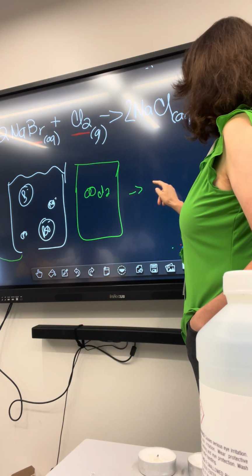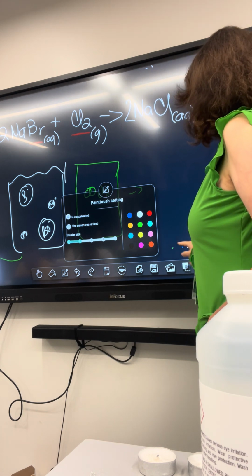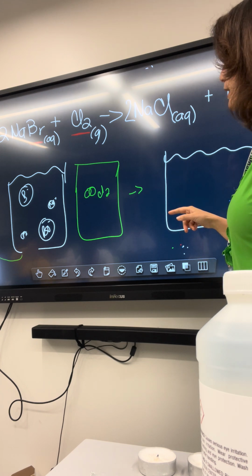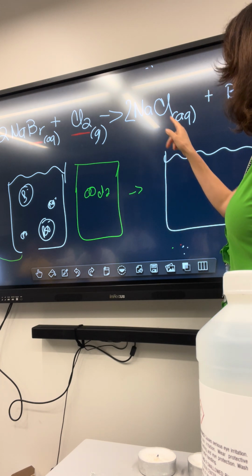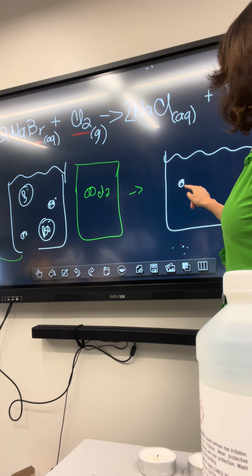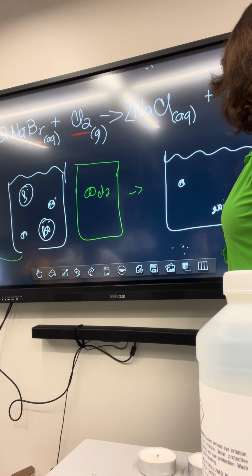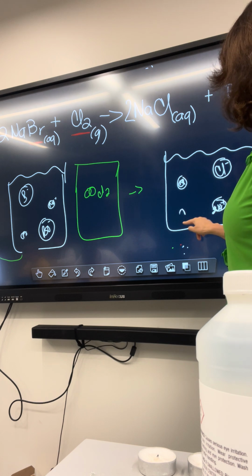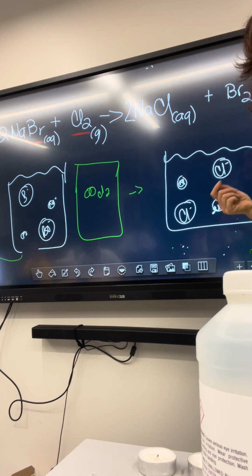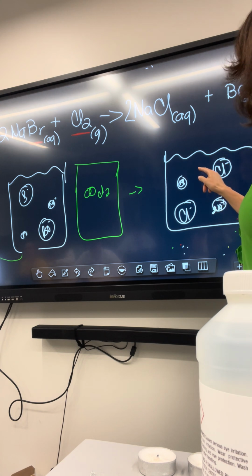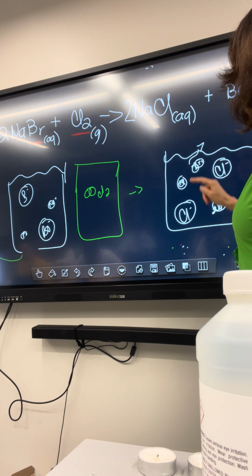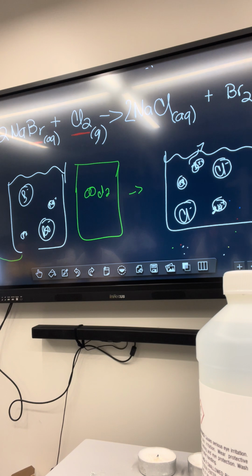But then you're going to have your container, and you're going to bubble the Cl2 through the sodium bromide, and you're going to end up with 2 Na pluses, 2 Cl minuses, and 1 molecule of bromine, Br2. Some of it may stay as liquid, some of it will come out as gas.